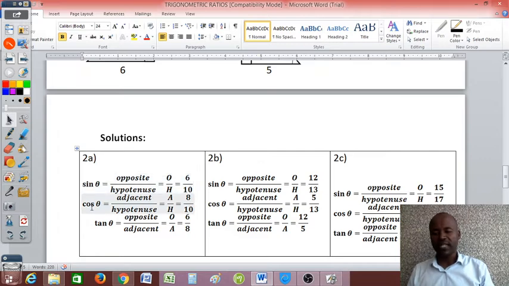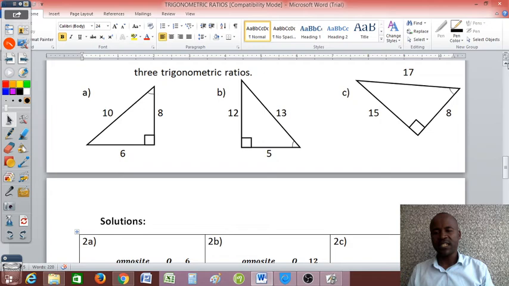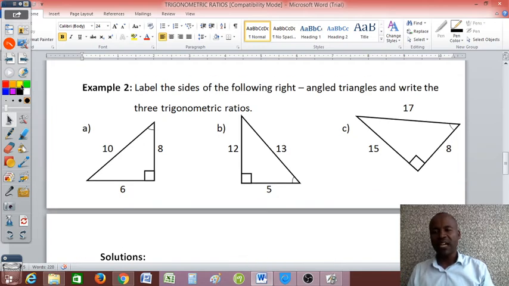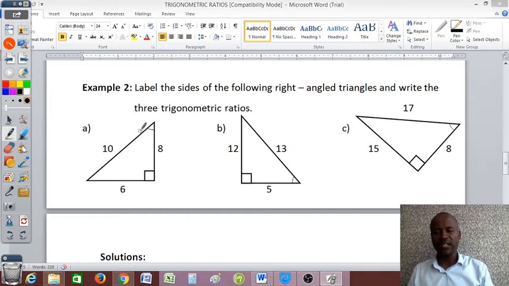And for cos theta, cosine theta means adjacent divided by hypotenuse, A divided by H. But which side is adjacent to the angle? For this given angle, the adjacent side is the side which is 8 units.